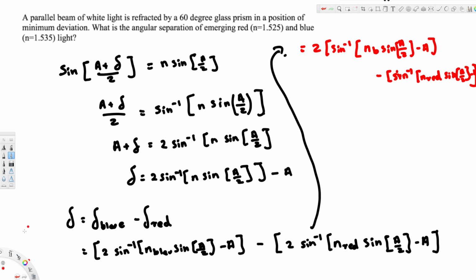Okay, now let's go ahead and plug in the values.